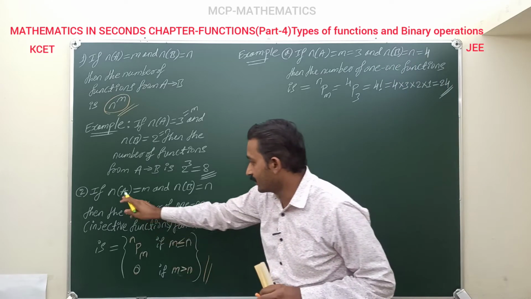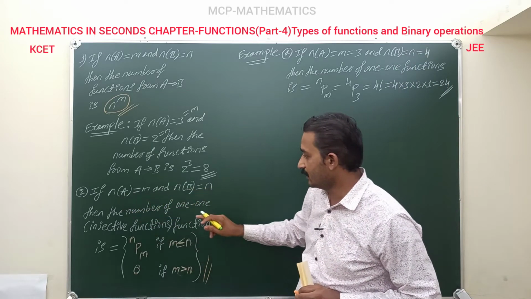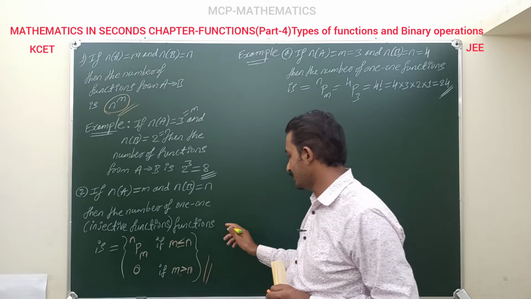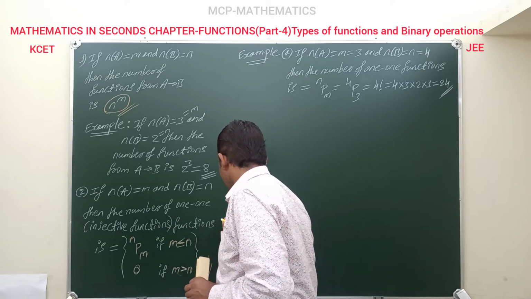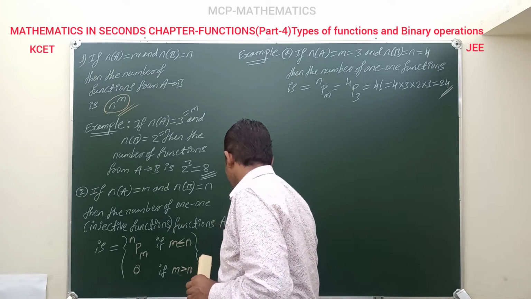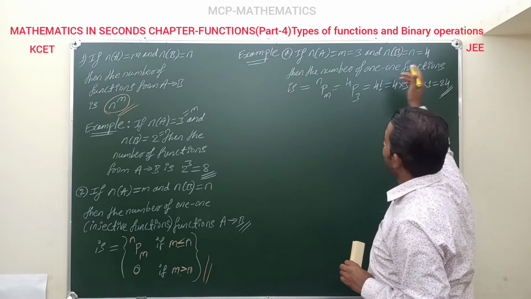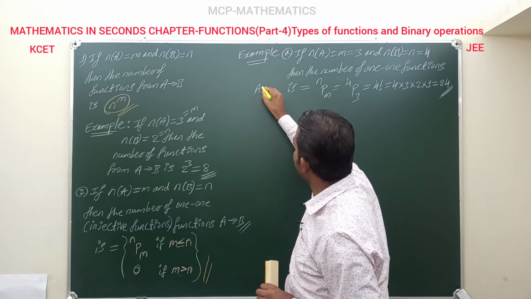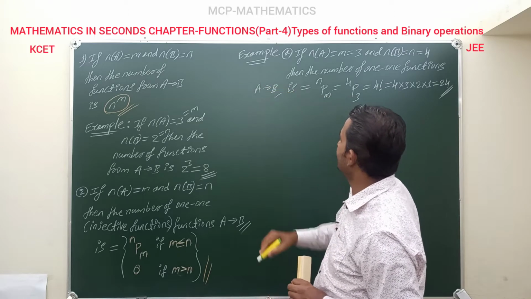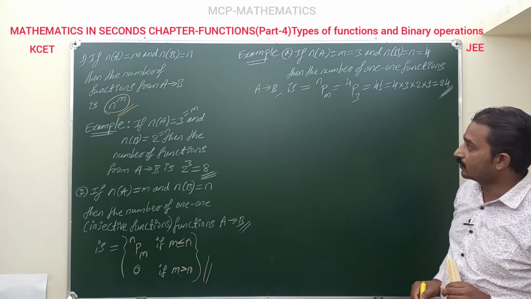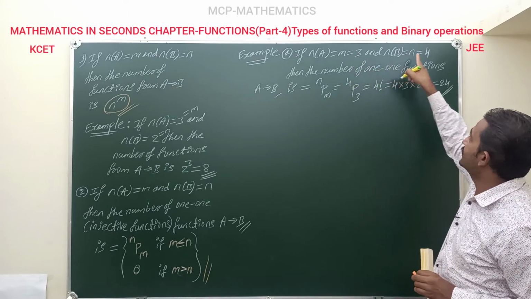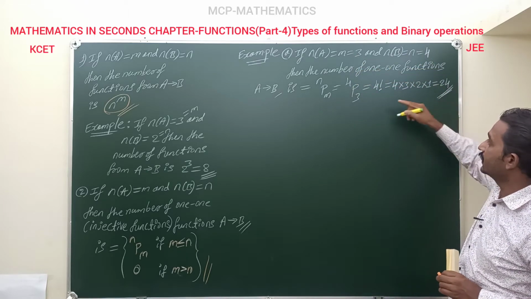In general, if n of A is equal to m and n of B is equal to n, then the number of one-one functions from A to B is nPm, since m is less than or equal to n.